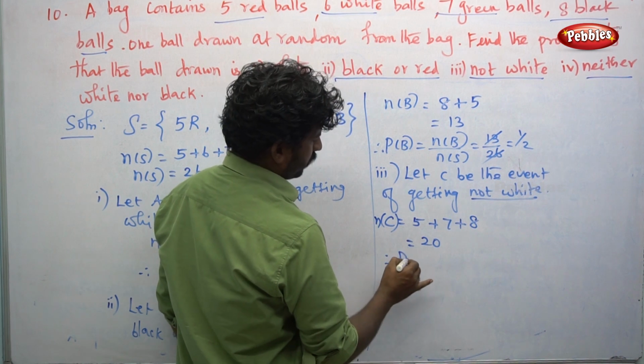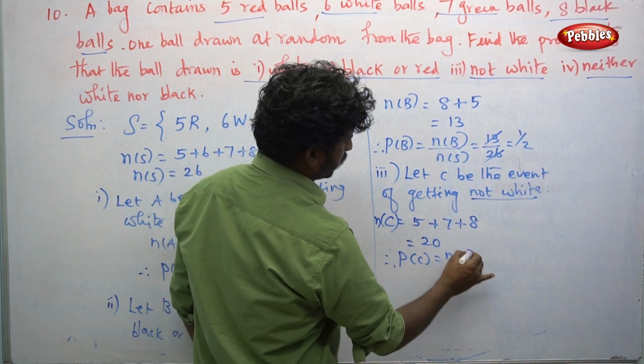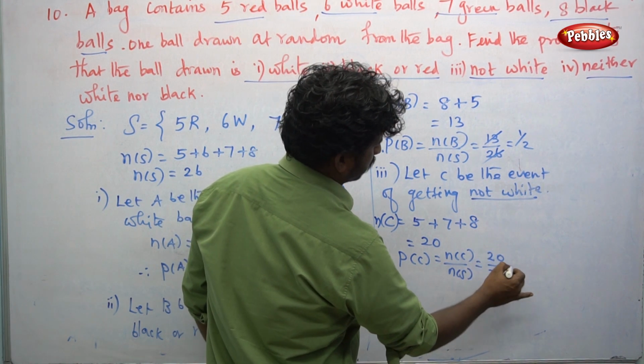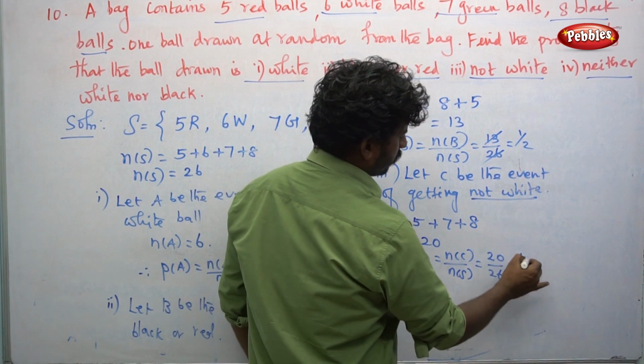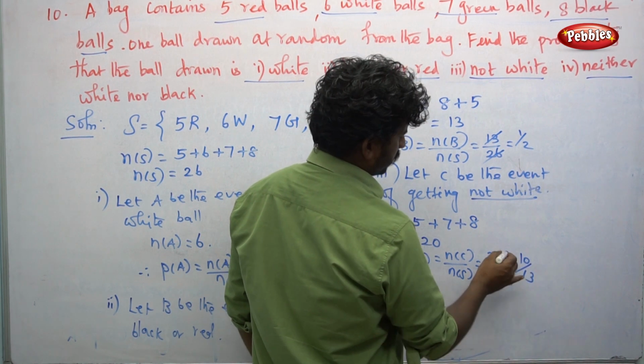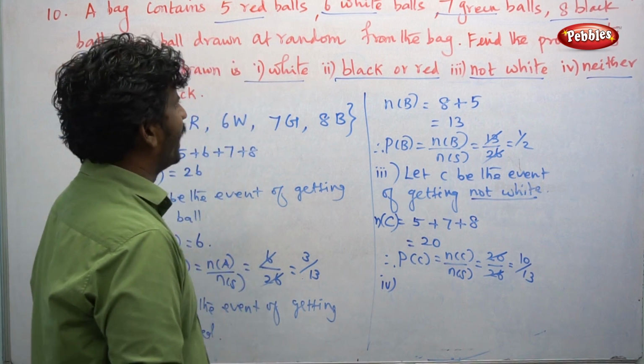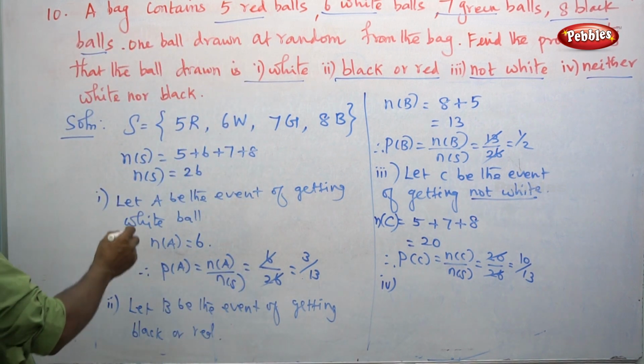Therefore here the P of C is equal to n of C by n of S. So 20/26. So this is 10 2s are 20, 13 2s are 26. We can cancel it.